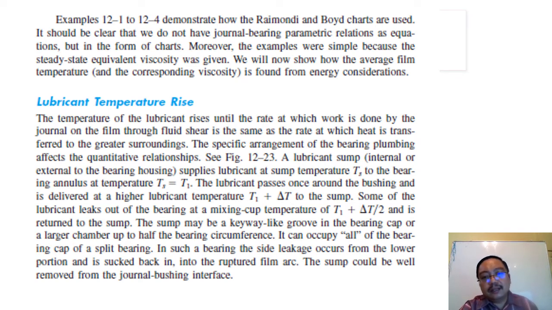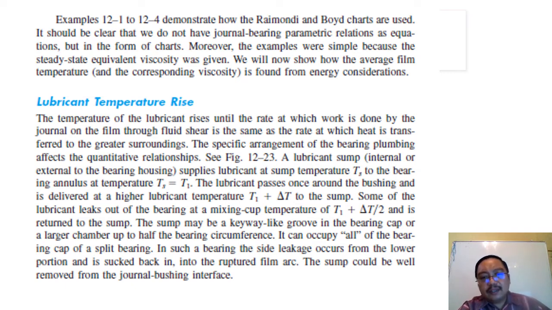Okay, now we are going to talk about lubricant temperature rise. The temperature of the lubricant rises until the rate at which work is done by the journal on the film through fluid pressure is the same as the rate at which heat is transferred to the surroundings. The specific arrangement of the bearing plumbing affects the quantitative relation.